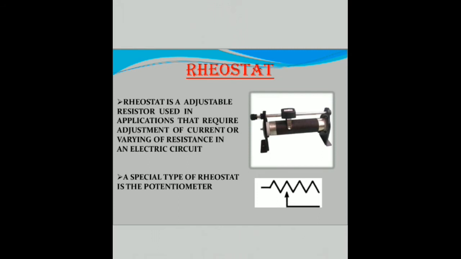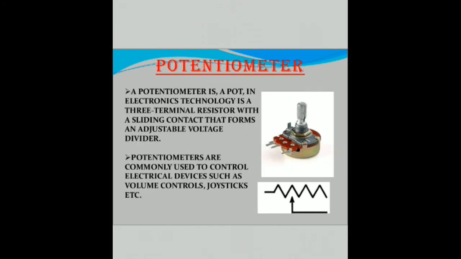A special type of rheostat is the potentiometer. These rheostats are very old. Nowadays we are using the potentiometer. It is also a variable resistor, but it is the latest technology now in use. You can also see the pictorial representation and the actual picture of the potentiometer.